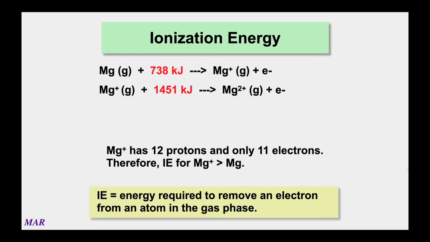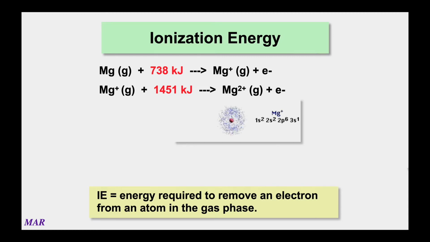The more protons you have, the tighter they hold on to things. So removing an electron from magnesium plus does take more energy than removing an electron from neutral magnesium. Removing the second electron requires 1,451 kilojoules per mole. When you get to magnesium 2+, you have a neon core, which is really good.